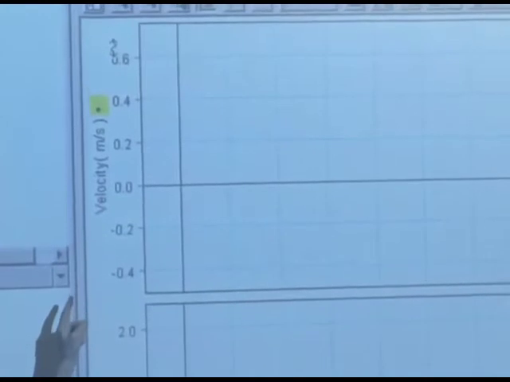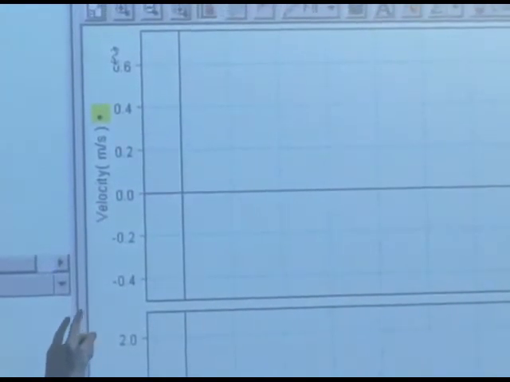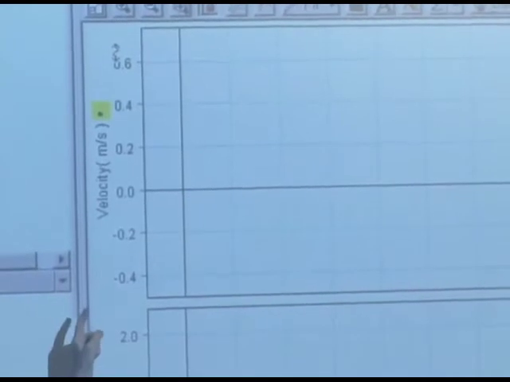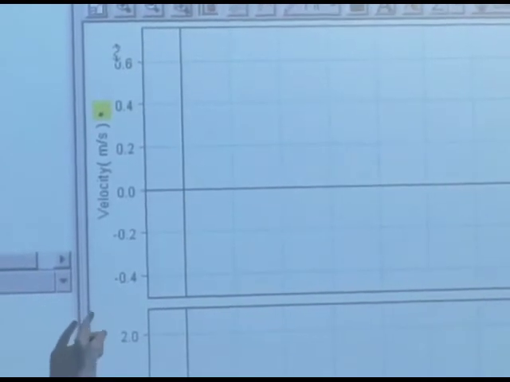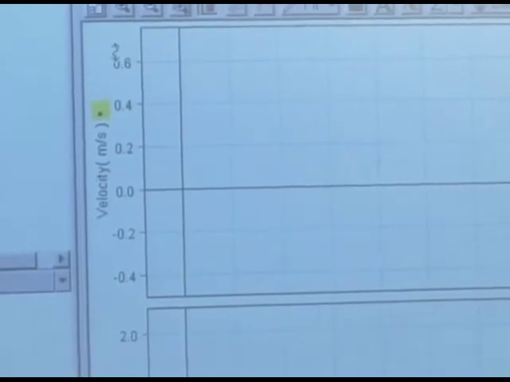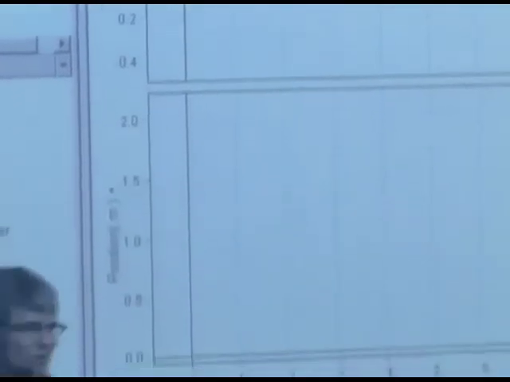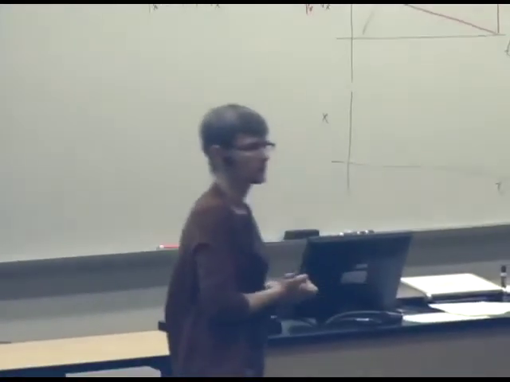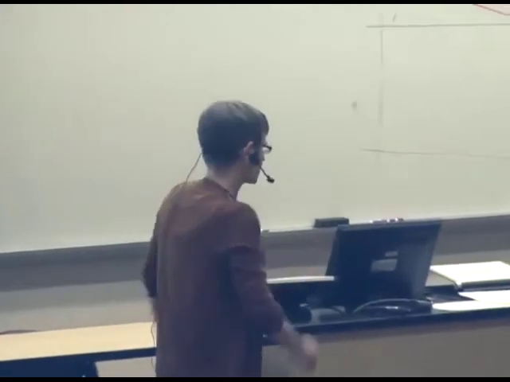Could be speed, but speed is always a positive number, right? So is it speed? It's the x component. It's v sub x, isn't it? And this says position, but it's really x. And the origin is at the detector, and as usual, the positive x-axis goes that way. Okay, so let's see what we get.